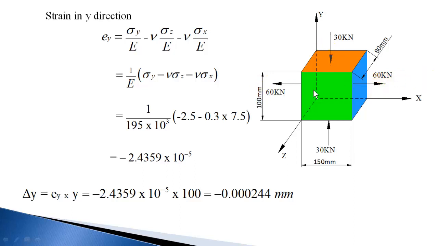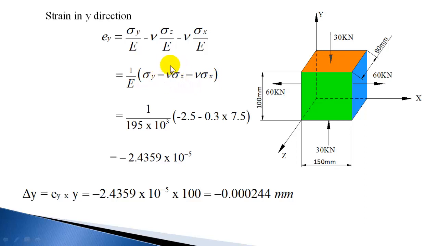Because you are pulling it in x direction, that will try to decrease the dimension in y direction. So direct strain due to load in y direction and lateral strain induced in y direction due to load in x direction. So epsilon y will be 1 by E into sigma y minus nu sigma z minus nu sigma x.